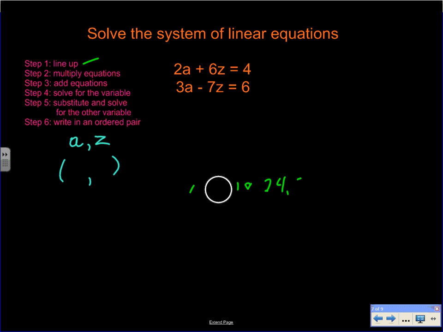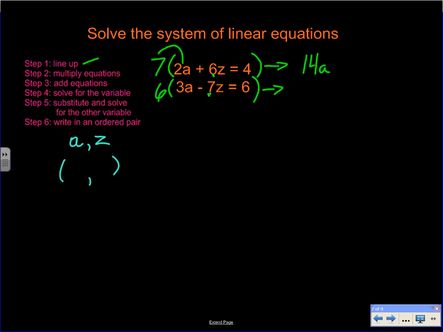Okay, let me show you something here. So we said we had to multiply the 6 by 7 to get 42. And we said we had to multiply the 7 by 6 to get 42. So multiply both of these equations. So let's go ahead and do that. 7 times 2a, 14a. 7 times a positive 6z is a positive 42z.